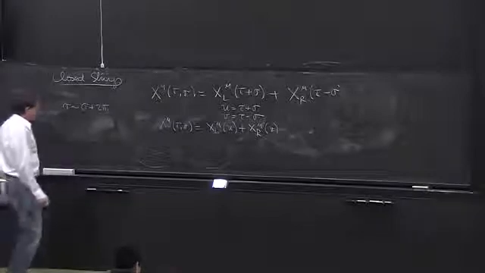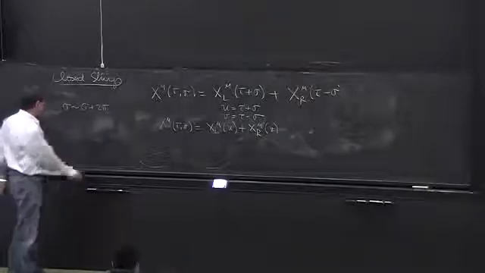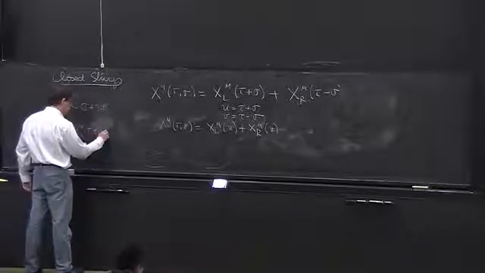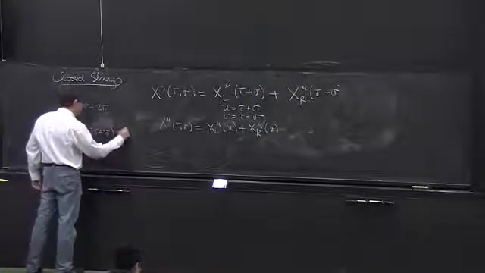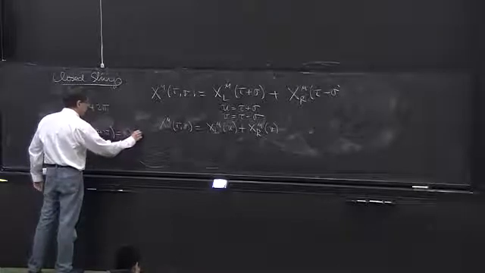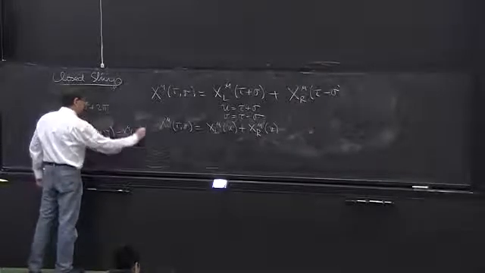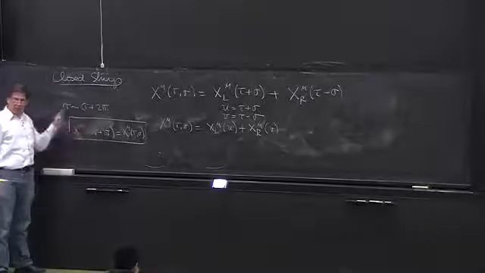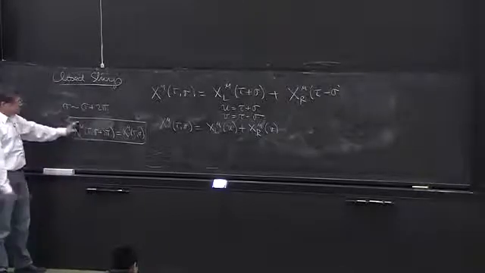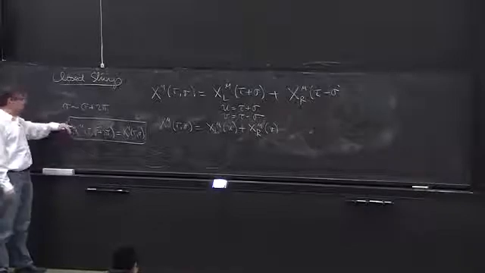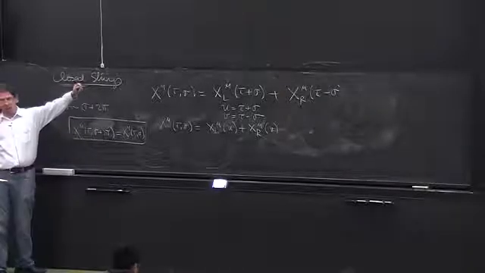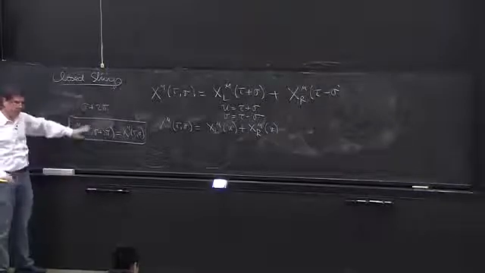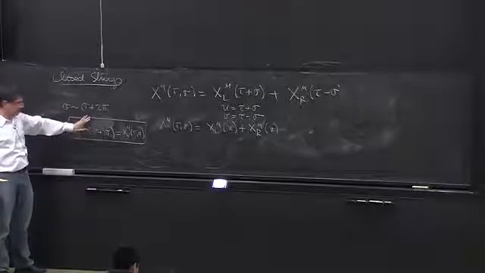So we want that x mu of tau, sigma plus 2 pi be equal to x mu of tau and sigma. After you run through the closed string, you're back to the same point. This is perfectly okay if this x coordinate is a non-compact coordinate. If it were a compact coordinate, something can change, but we'll leave it there for the moment.